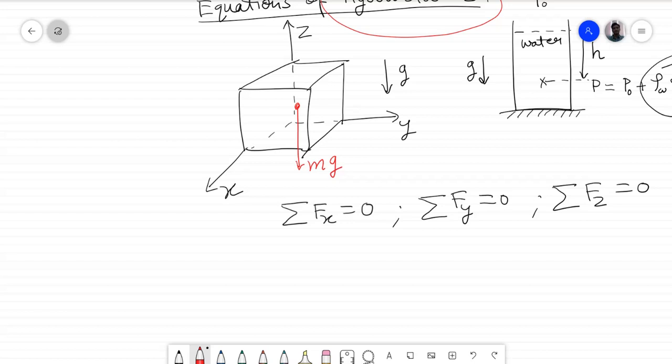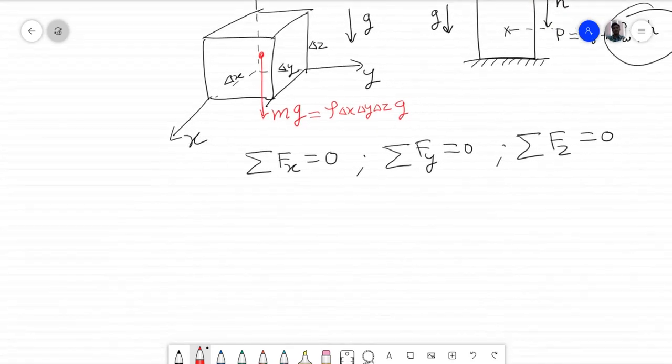Let's say the width in each direction is delta x, delta y and delta z. Then mg can also be written as density of the fluid times the volume of this element, which is delta x, delta y, delta z times g. We will use this later on, that's why I have written this.